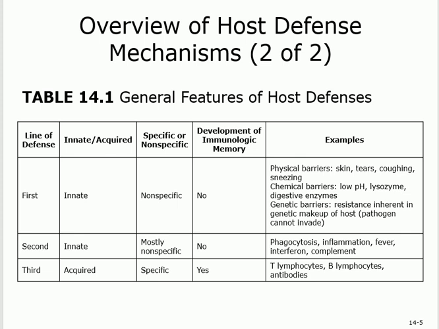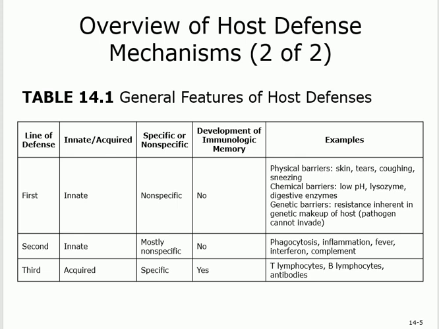So comparing the two, non-specific and specific. Non-specific is first and second. The specific is the third. Is that clear? You need to remember this. The first and second are innate. The third is acquired. You are born with both first and second, and both of them are non-specific.